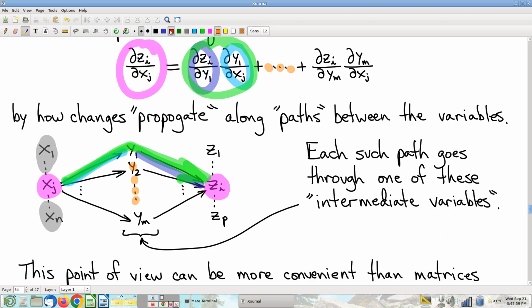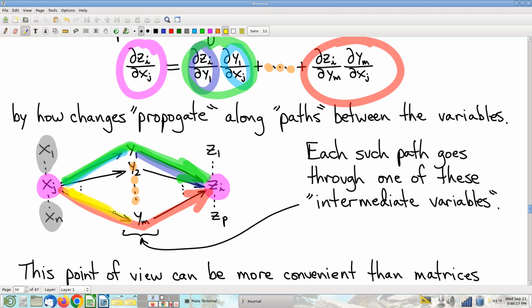Let's say the last one, for example, there's this path, and that gives you this term. Again, you can think it through: I'm running out of colors, I will use yellow. We're going to have the partial of ym with respect to xj, and then, in gray, the partial of zi with respect to ym.